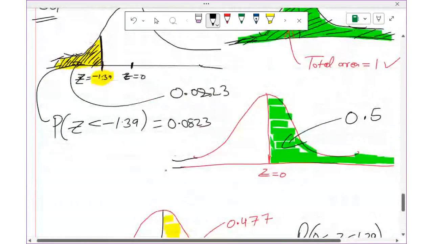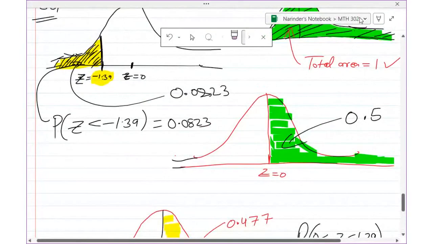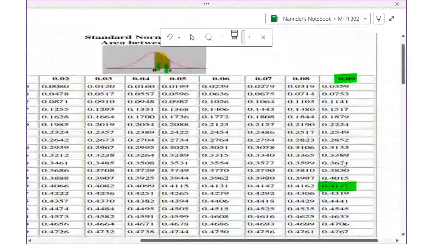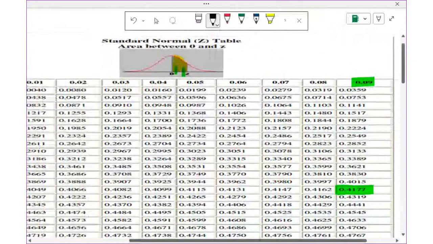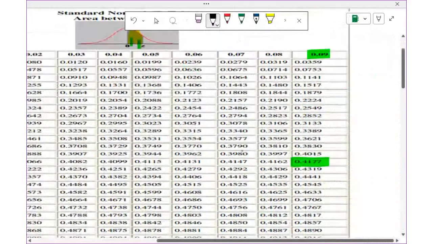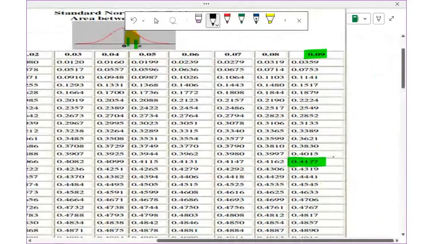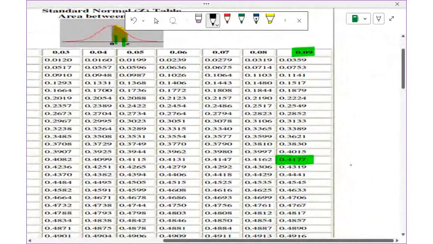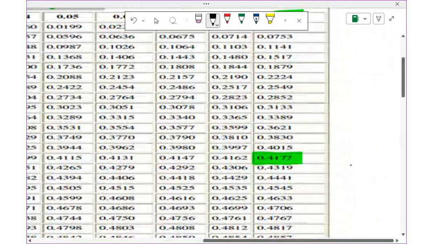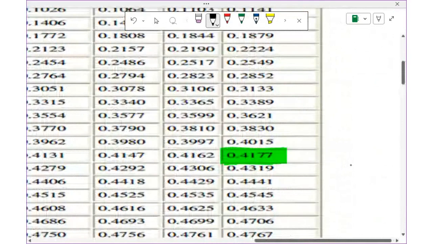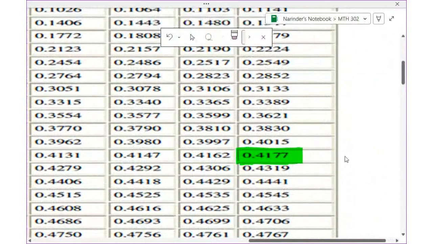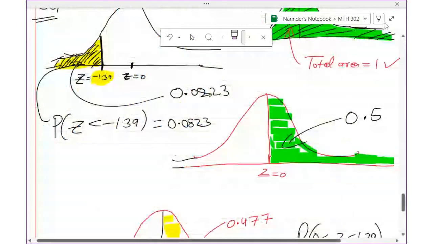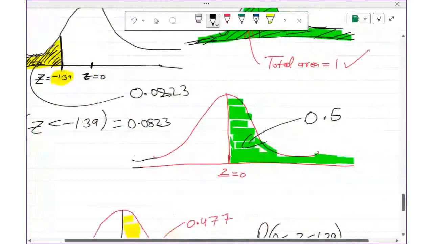So let me see the table once again. Okay, we may have made a mistake in looking at the values from the table. Yeah, here is a mistake. This value I found was actually 0.4177, and I have written 0.477. So this was the mistake.